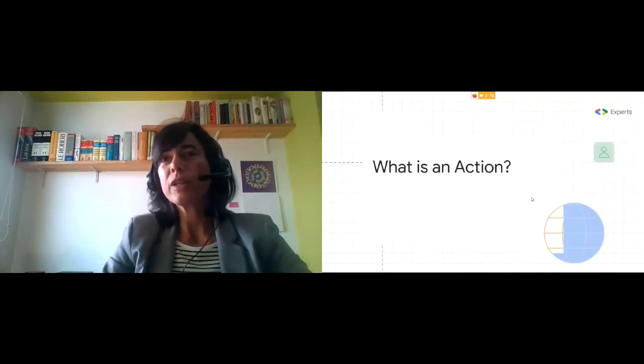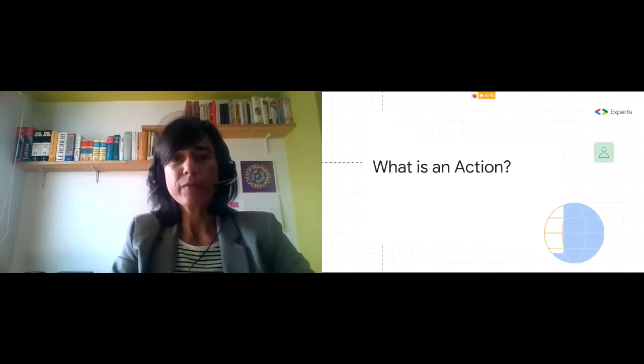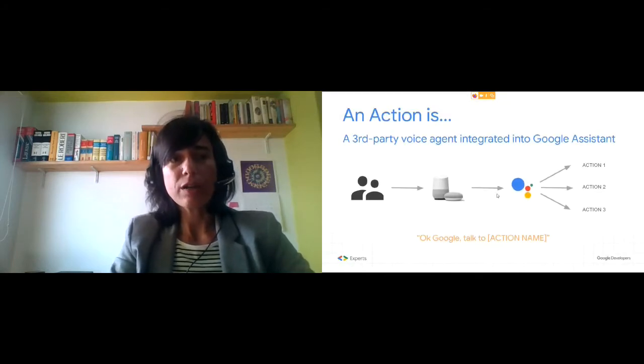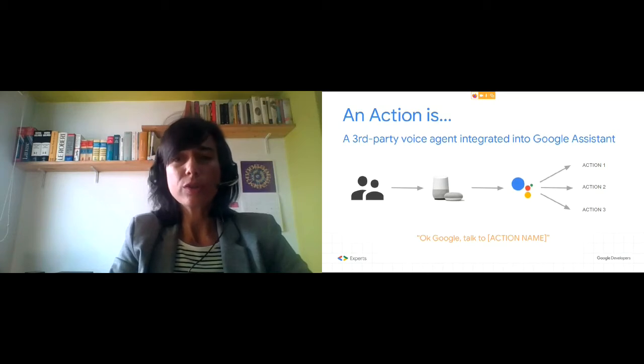The first thing we need to know is what is an action. Actions are third-party voice agents integrated into Google Assistant. I'm sure that most of you know the well-known assistants like Google Assistant, Alexa, Siri, Bixby.